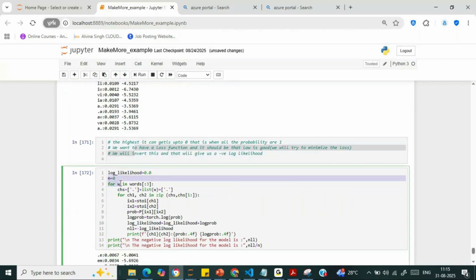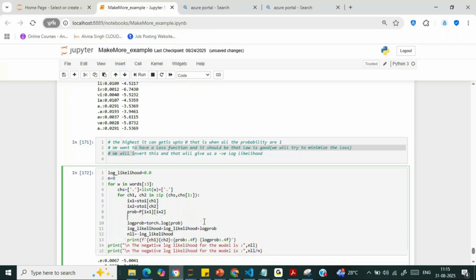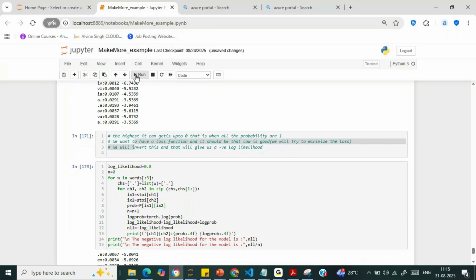So the log likelihood is set to 0, n is also set to 0. And then I just need to keep increasing n as well. Okay, n equal to n plus 1, with respect to the iterations it will keep on increasing.